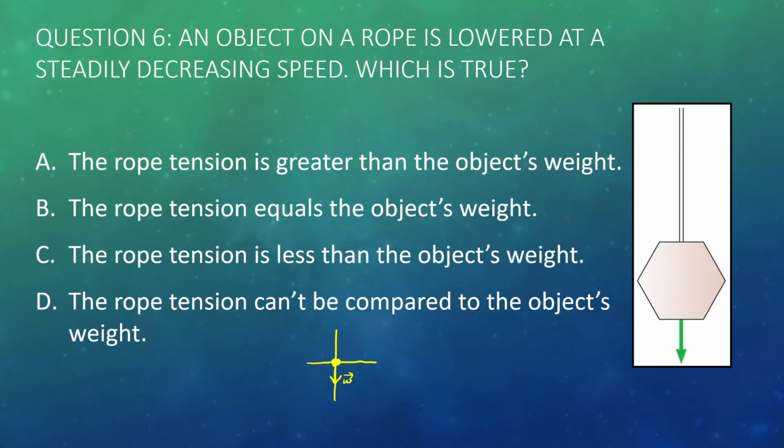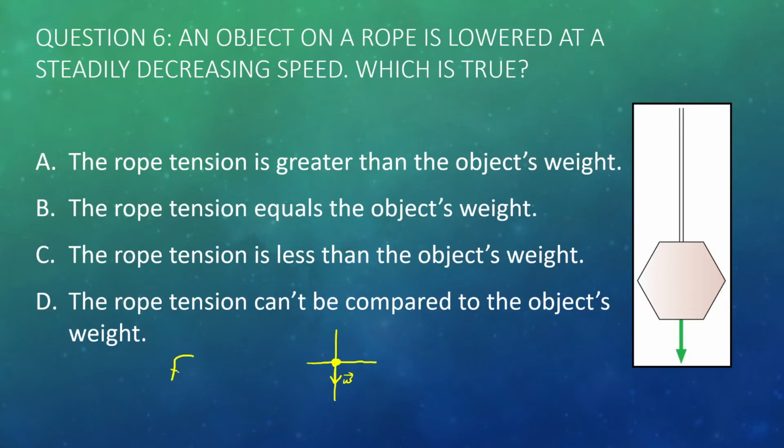From past lectures, we learned how to deal with the direction of acceleration. Recall that if an object is slowing down, like the object here, acceleration points in the opposite direction of the object's motion. So if our object is moving downward, which it is, then our acceleration, because it's slowing down, must point in the opposite direction, or upward.